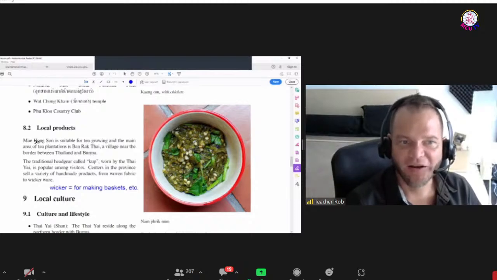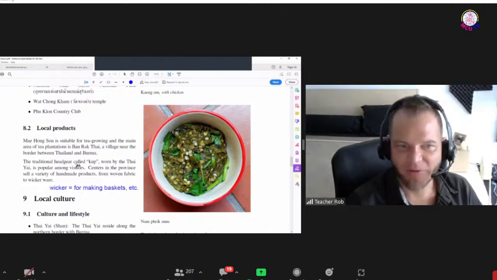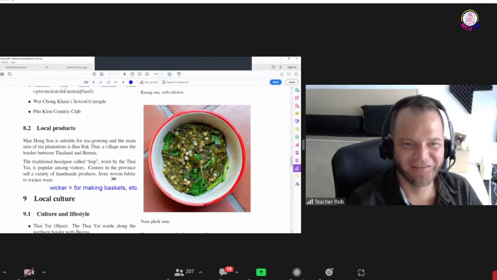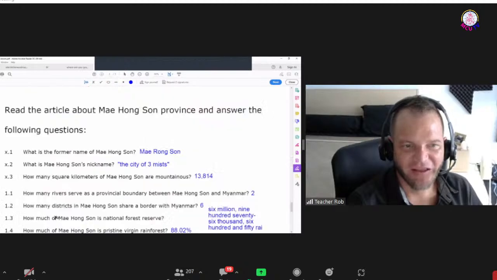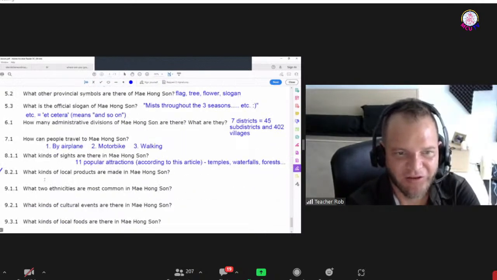So one would be tea. Then we have coop, the headgear. And then you could also say maybe woven fabric and wickerware. So the main one's like tea, coop, and then yeah. So I'll put it like this. I'm going to say tea, coops, right?